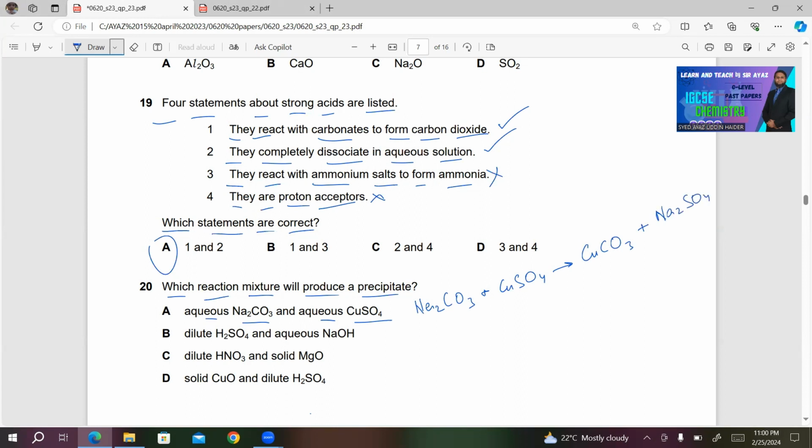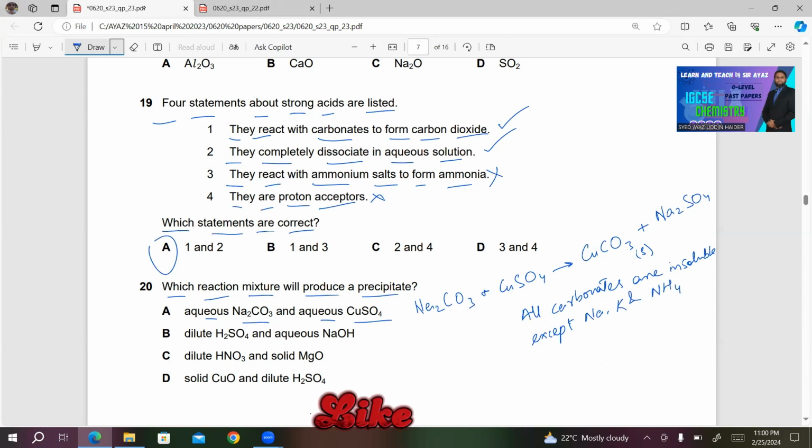Now in this equation, copper 2 carbonate produced is insoluble because we know that all carbonates are insoluble, except sodium, potassium, and ammonium. So this looks correct to me because in this equation, CuCO3 is the precipitate formed.